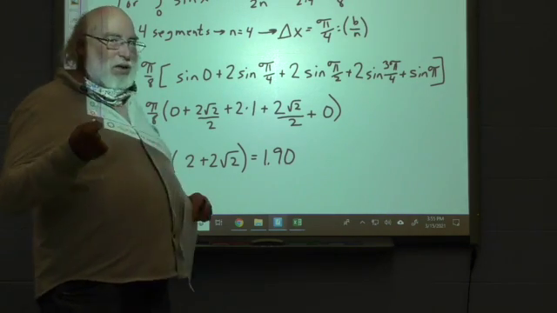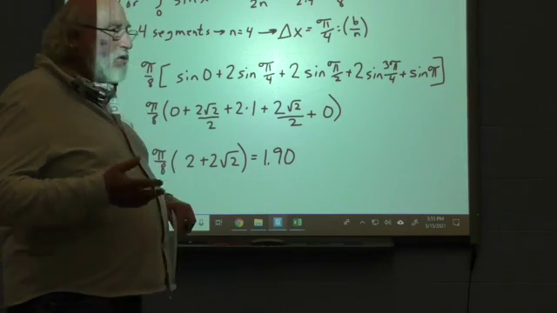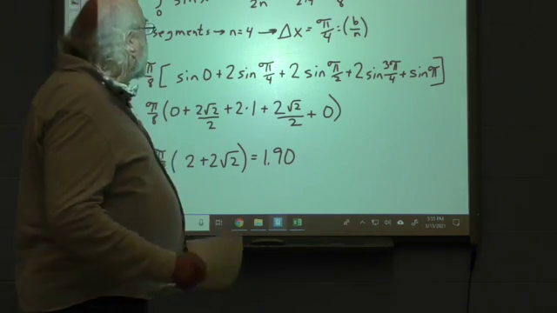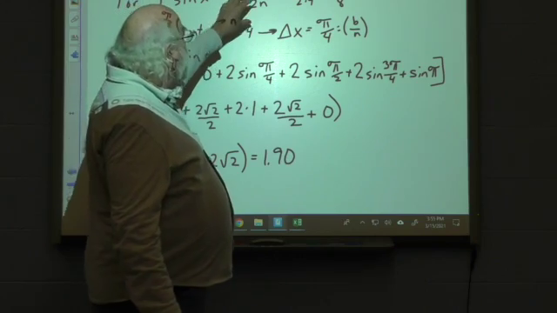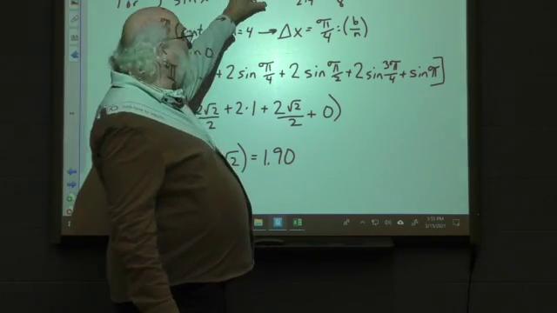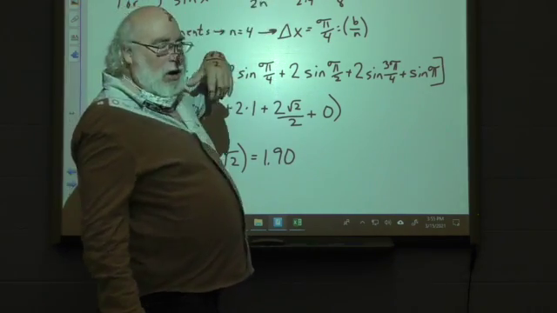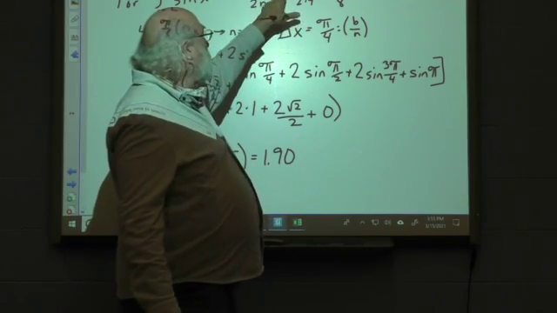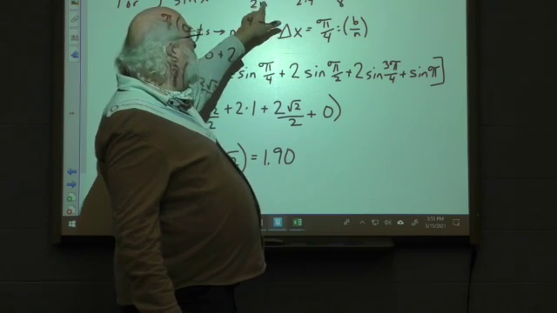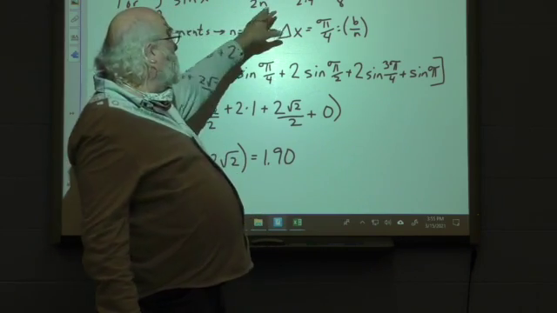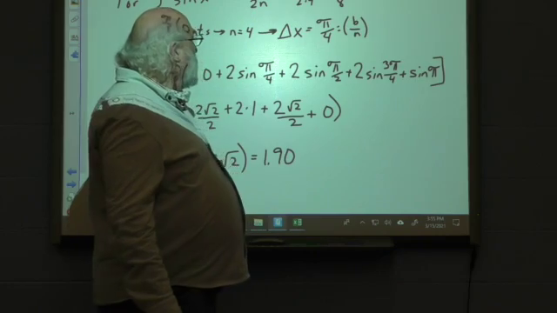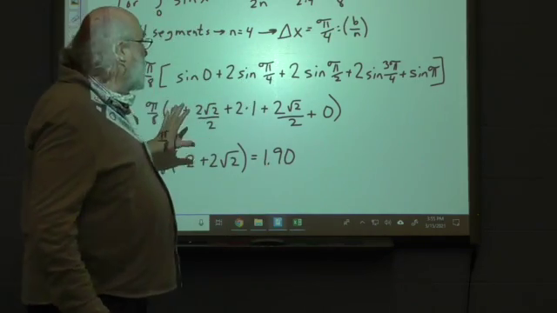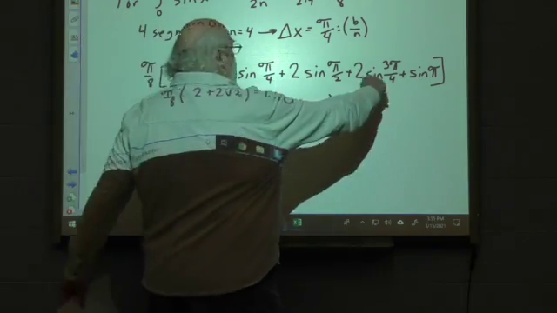It's kind of a pain of a calculation, but you don't mind using your calculator. Since this is the average area of the trapezoid, pi is our B, 0 is our A, divided by 2 times the number of segments, which is 4. So we're going to be looking at a value of pi over 8. That's going to multiply this calculation right along here.